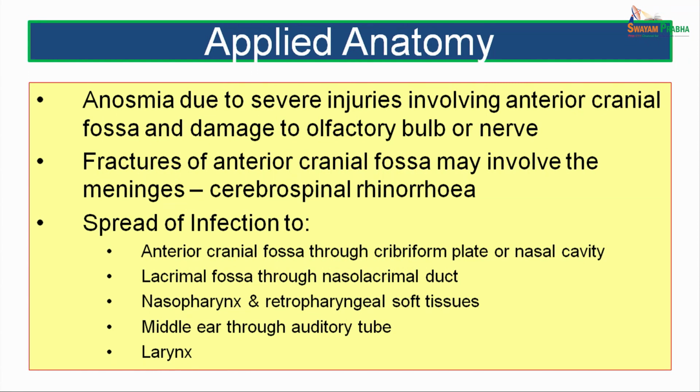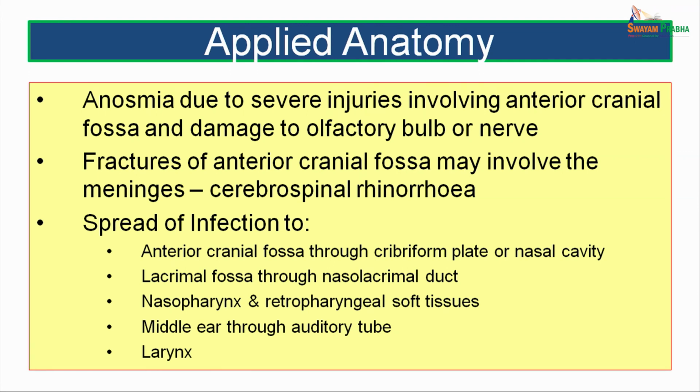Next we see the fractures of the anterior cranial fossa, which may involve the meninges, and in that case there would be cerebrospinal rhinorrhea, where CSF or the cerebrospinal fluid would be draining or leaking through the nasal cavity.